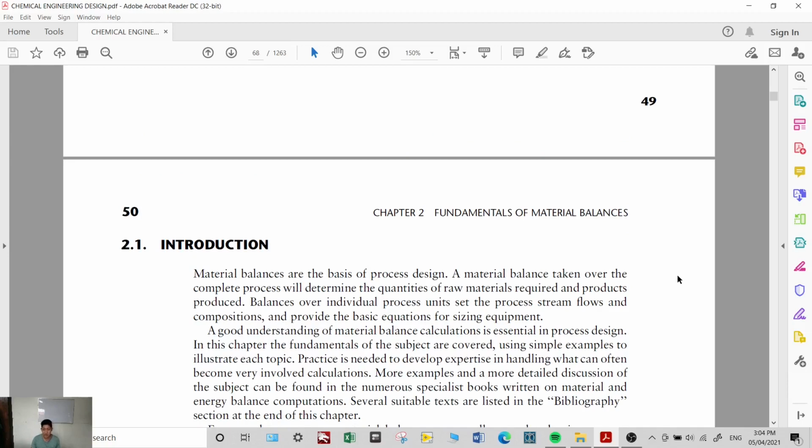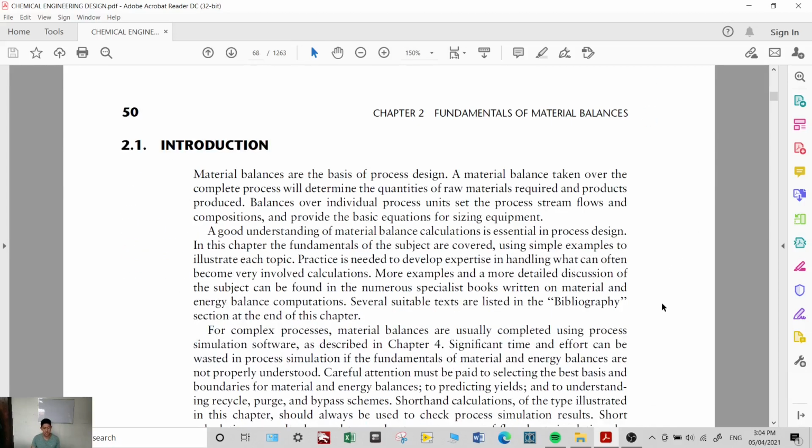So the question is, how do we analyze or get the material balance for a specific process? Now, what is the importance of getting the mass balance?